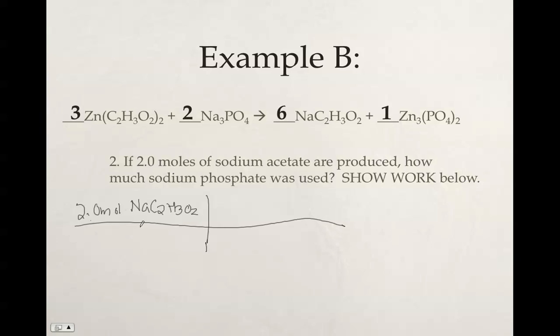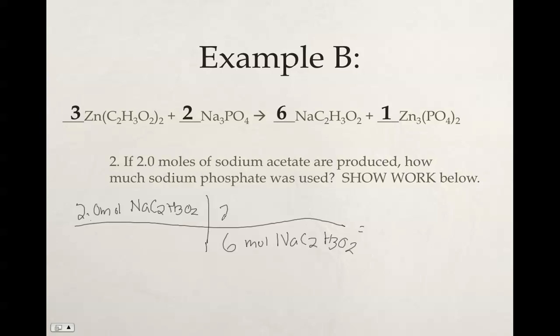Now because I'm starting with moles of sodium acetate, I need to put in the denominator the same unit of moles of sodium acetate. I find that in my chemical formula. I have a 6 out in front, so I'm going to carry that 6 down here. So I have 6 moles of sodium acetate. Then I want to go to sodium phosphate. How many moles of sodium phosphate do I originally need to start with in order to produce that 2 moles?